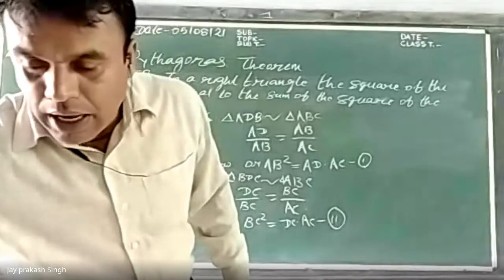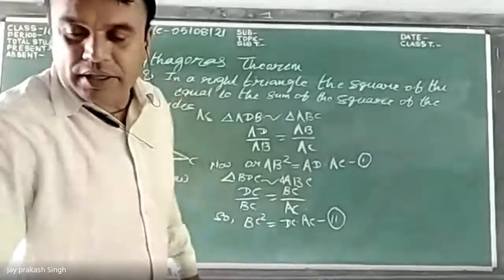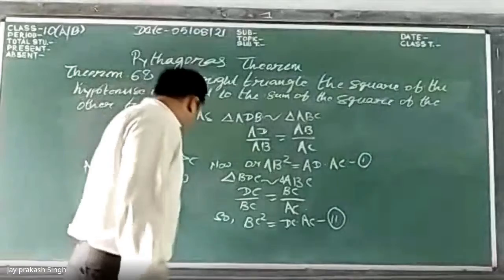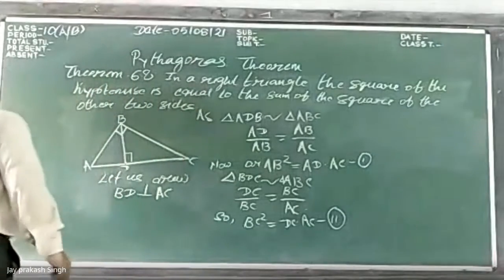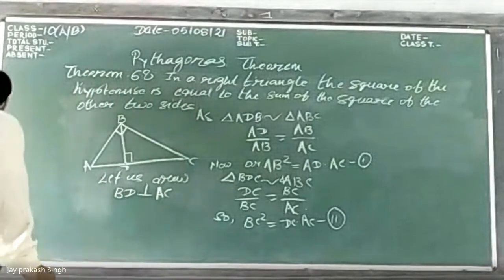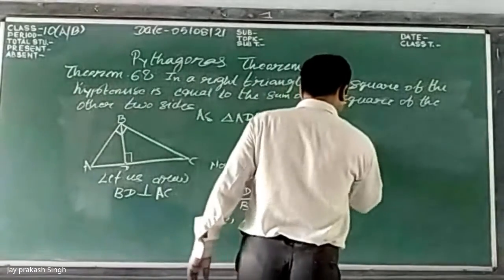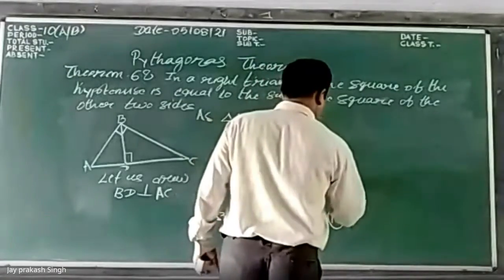Now adding 1 and 2, we will add these two. We can write down here, this is the second one, first one.